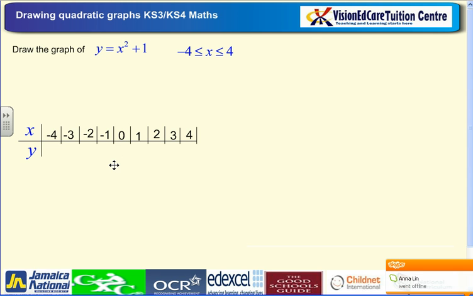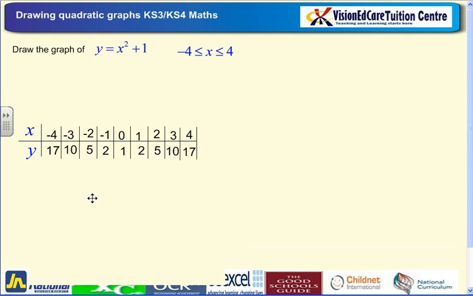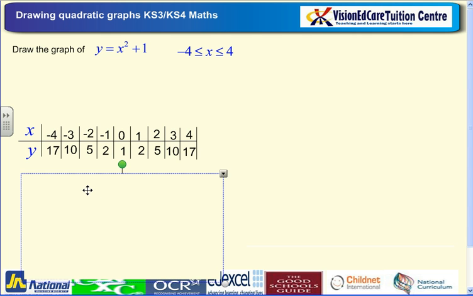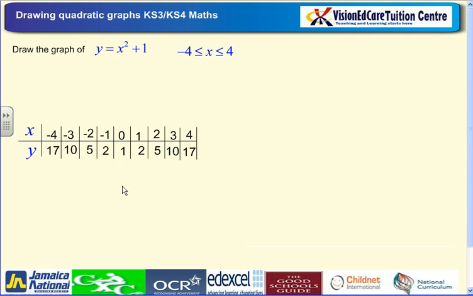Okay, now that you have worked out the y values, I'm going to share mine with you. So here are the y values. Pause the tape now again and please draw the graph.